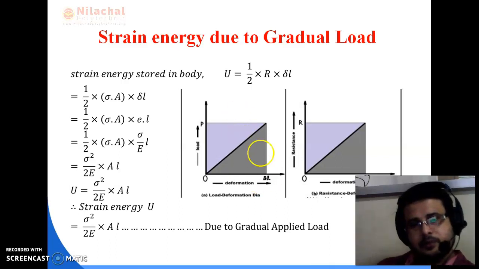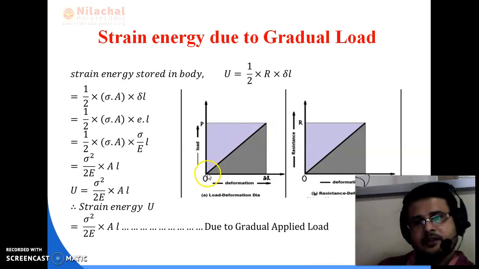We are going to see that there is a straight line crossing the origin in the graph plotted between load and deformation.